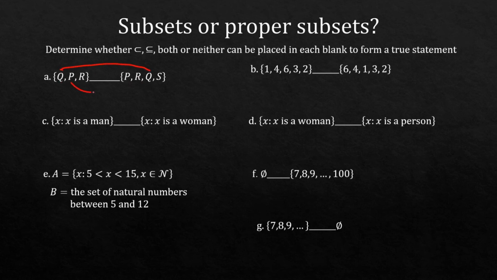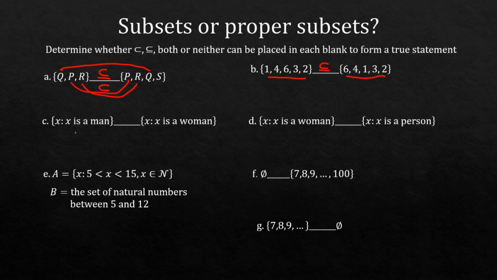Q is there, P is there, R is there. So we can see that here this first set can be written as a subset or also a proper subset. Both of those symbols are okay. In question B, notice that all of these elements are the same as these elements. So we must use the subset symbol because both sets are the same.